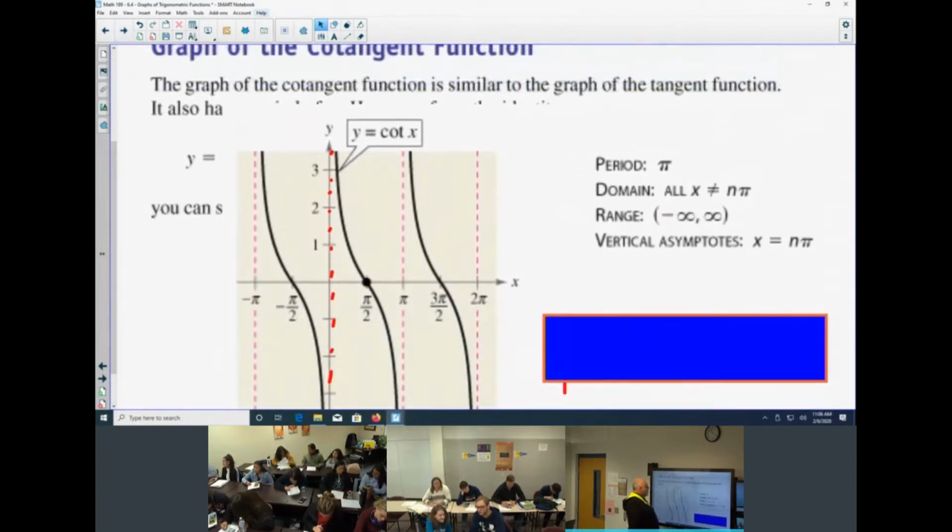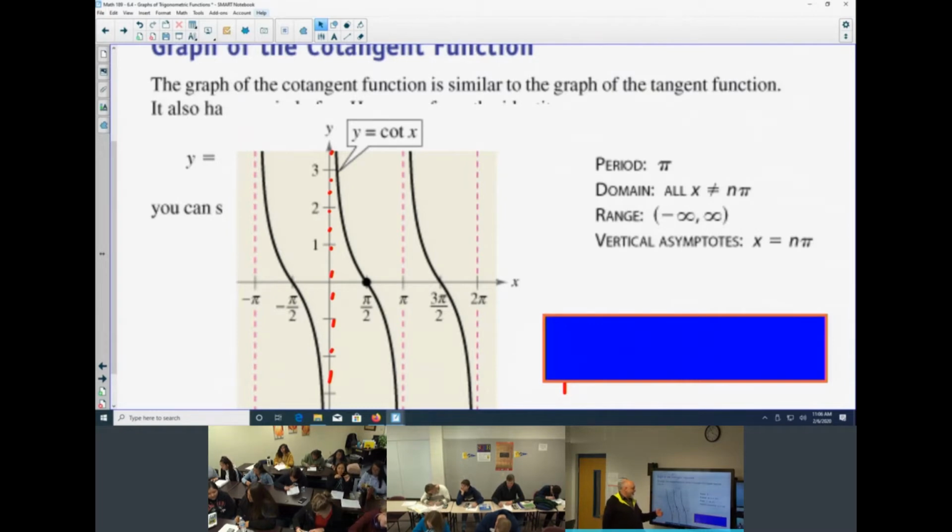Okay, so what you should see is the cotangent from left to right always goes down between the vertical asymptotes. Now again, the vertical asymptotes are not going to show up on your graph, and they occur every multiple of pi.